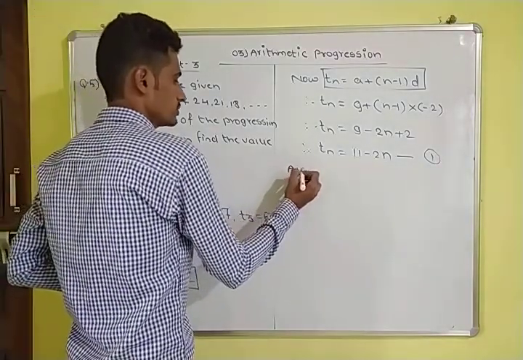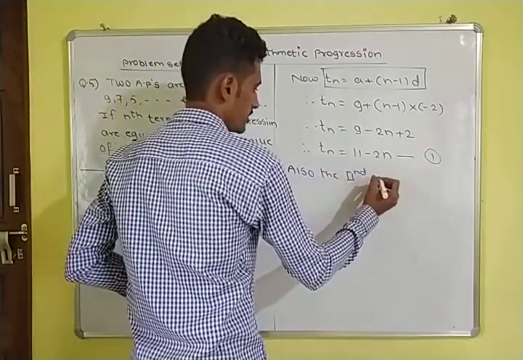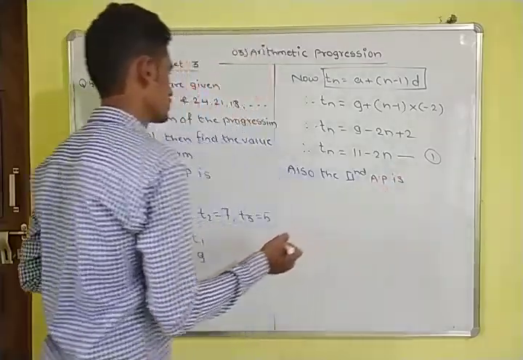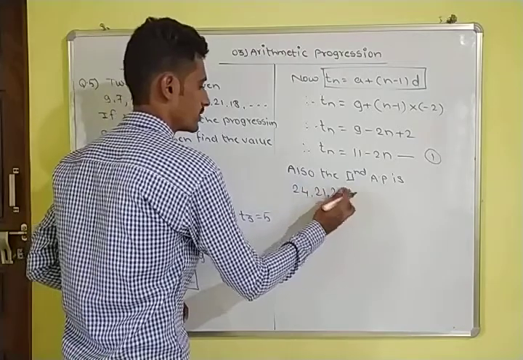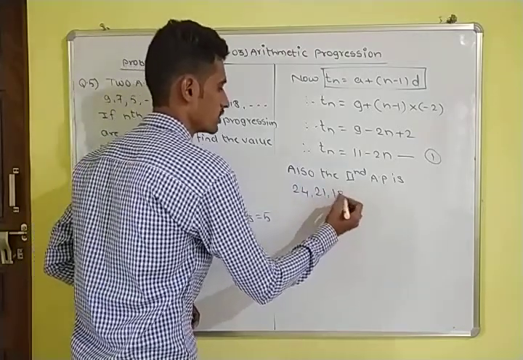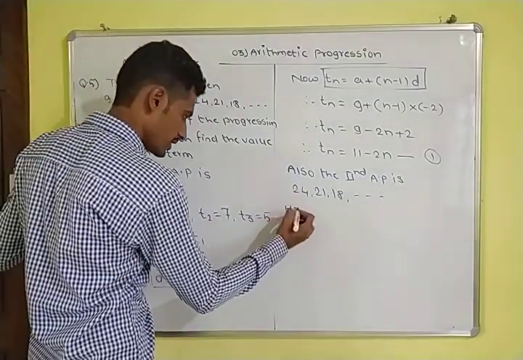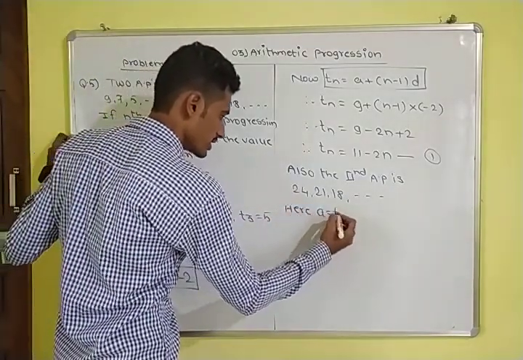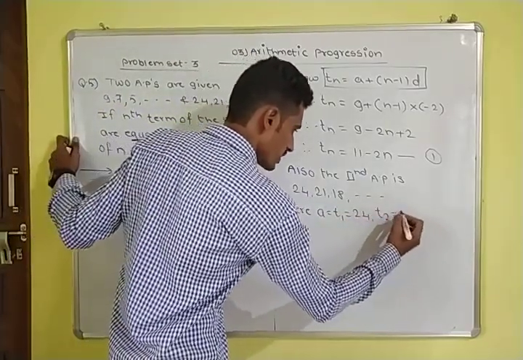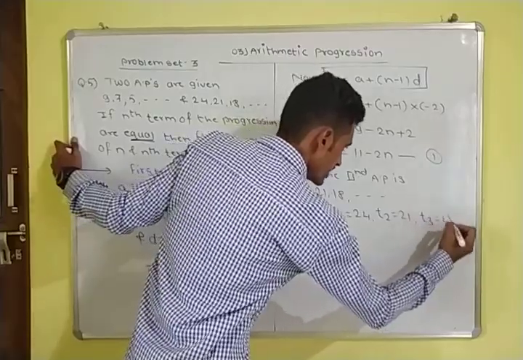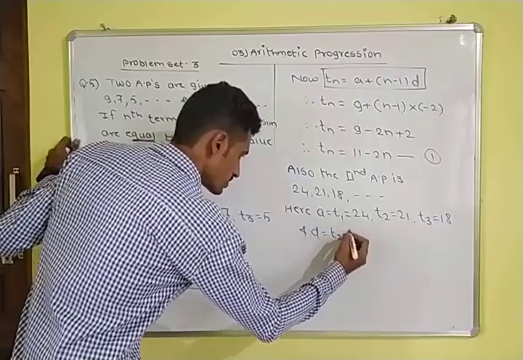Also the second arithmetic progression is 24, 21, 18 and so on. Here a means the first term, denoted by t1. t1 is equal to 24, t2 is equal to 21, t3 is equal to 18, and d is equal to t2 minus t1.